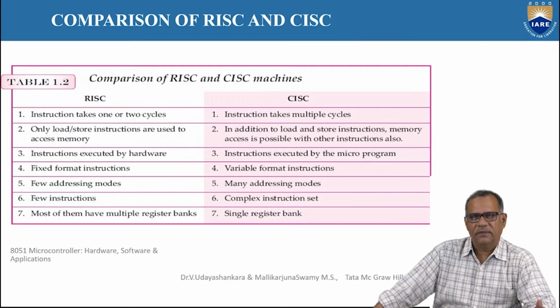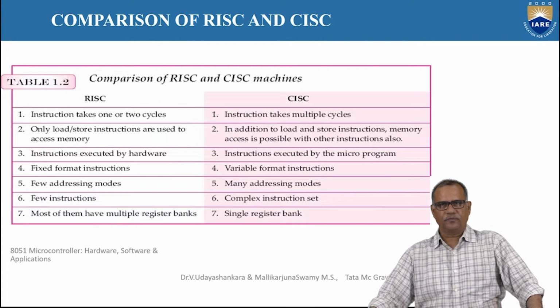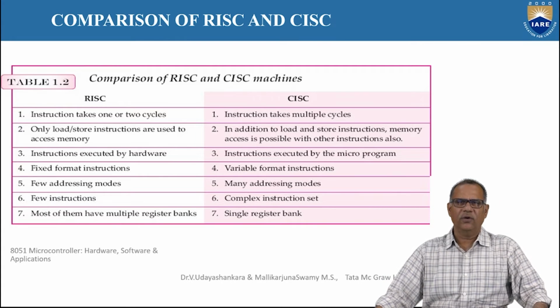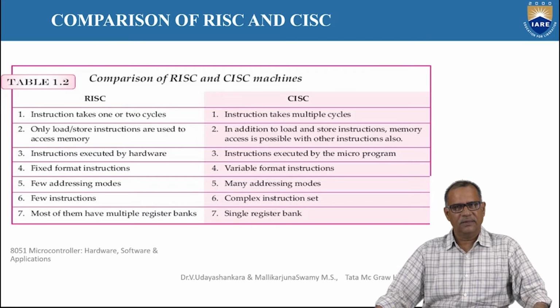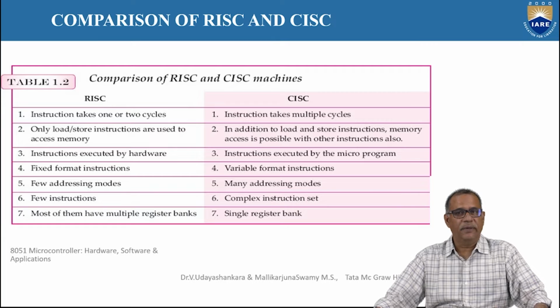And in RISC, you have only load or store instructions to access the memory, whereas in CISC you have a variety of instructions to deal with memory. In addition to load and store instructions, memory access is possible with other types of instructions also.